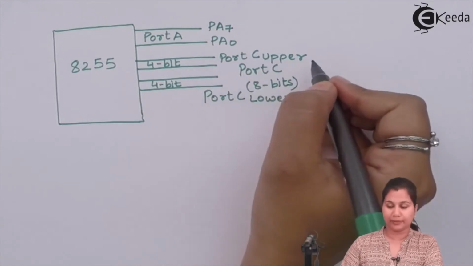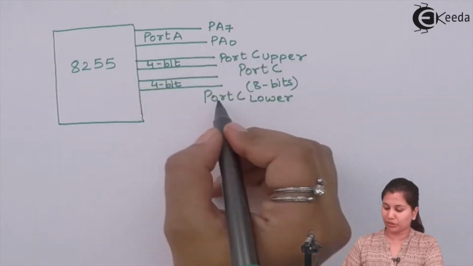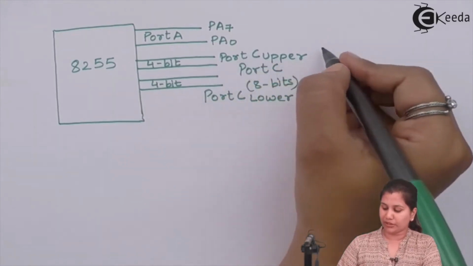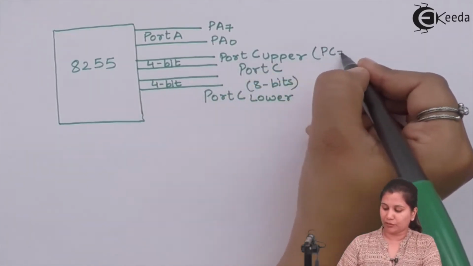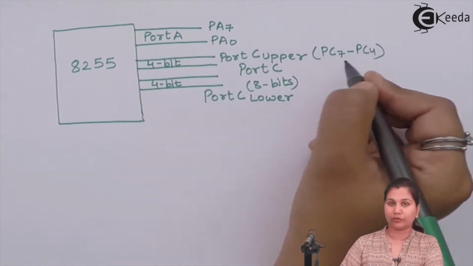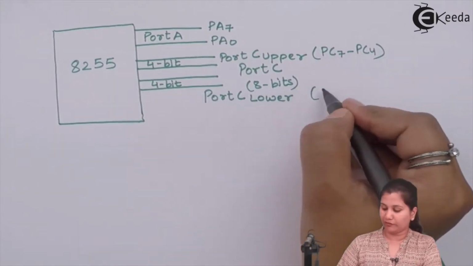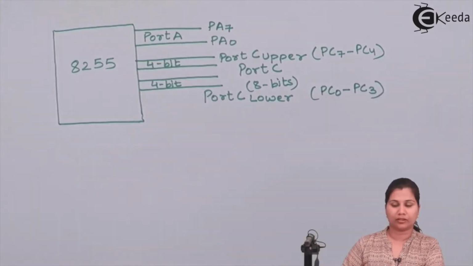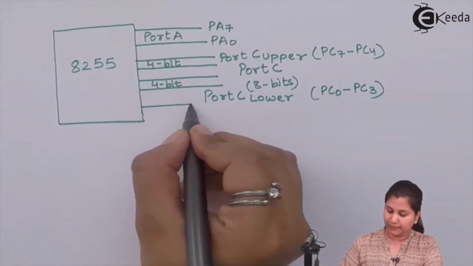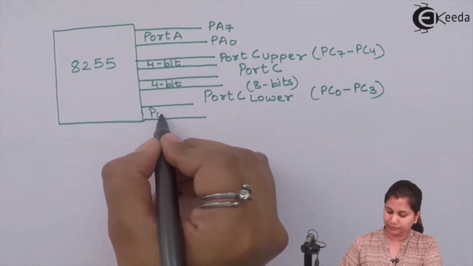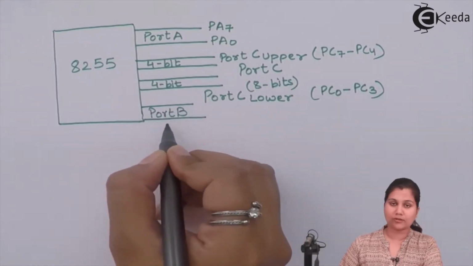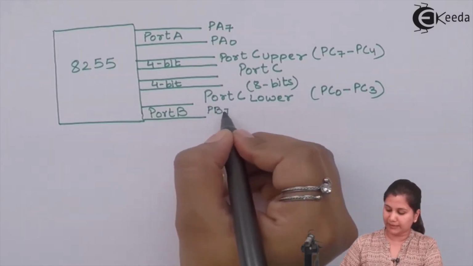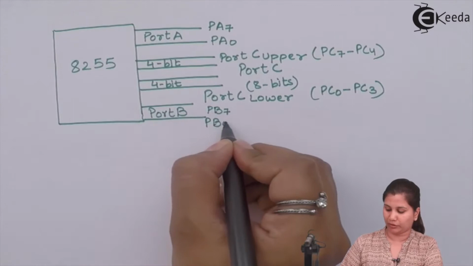So port C upper will have 4 bits, and port C lower is also having 4 bits. The 4 bits of port C upper will be PC7 to PC4, and port C lower will have PC0 to PC3. Now the third port is port B. This is also an 8-bit port having the 8 bits PB7 to PB0.